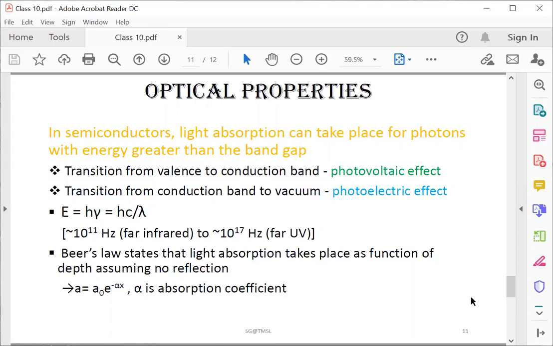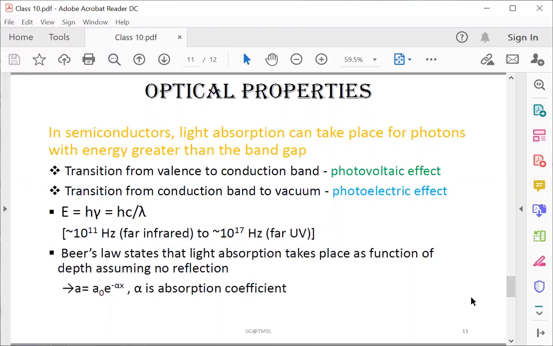On absorption of photons, that means optical energy, when there is a transition from valence to conduction band, that effect is known as the photovoltaic effect. On the other hand, on absorption of photon energy, if the transition of the carrier is from the conduction band to the vacuum, it is known as the photoelectric effect. Both effects are used in making sensors.